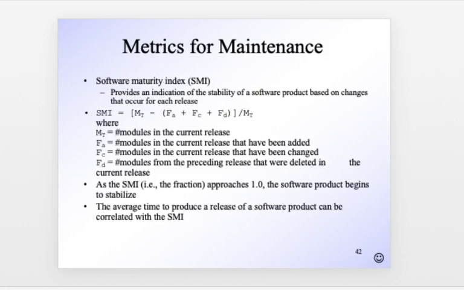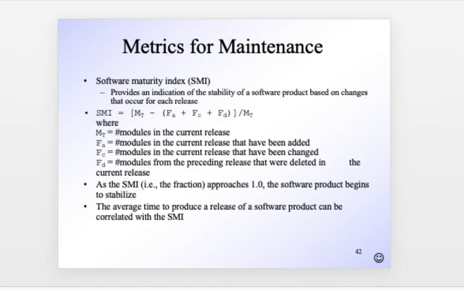So the formula is simple: SMI equals MT minus FA plus FC plus FD, divided by MT. MT stands for modules in the current release. FA stands for modules in the current release added. FC stands for modules in the current release changed. And FD stands for modules from the preceding release that were deleted in the current release.